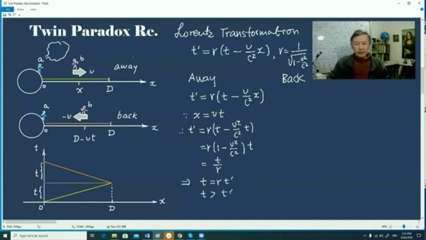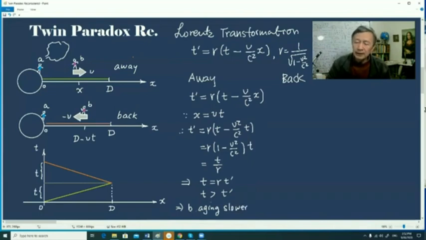What that means is that if they compare the two clocks, he will certainly say that the process on the moving frame, which his twin B uses, will be slower. Twin B is aging slower in this case.